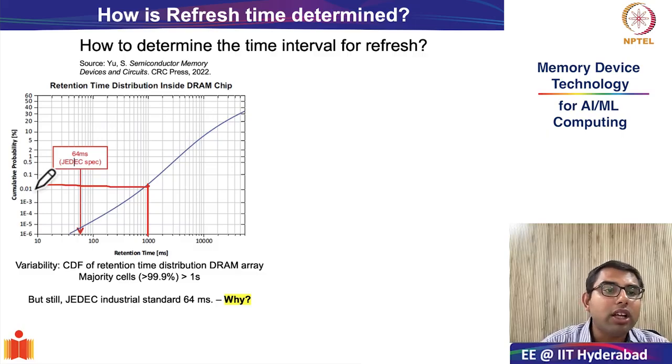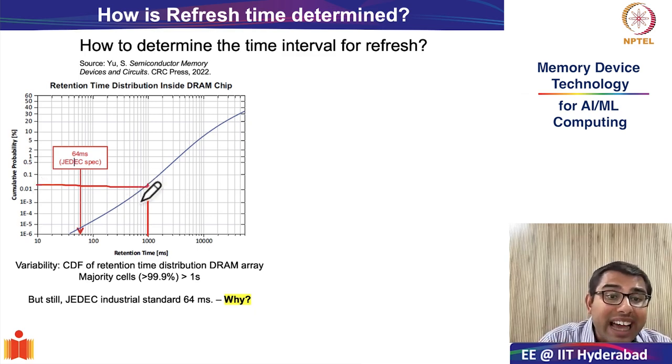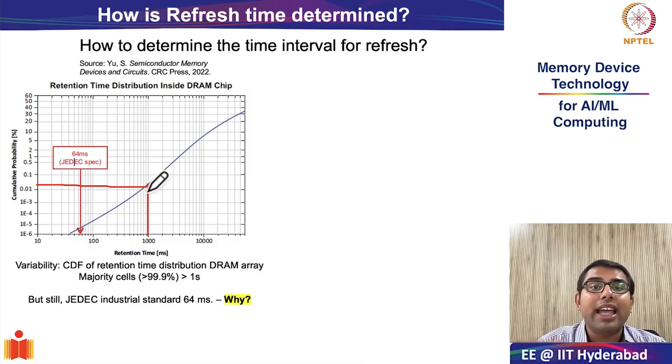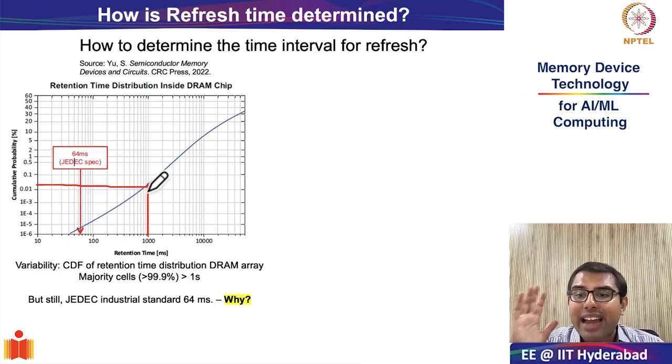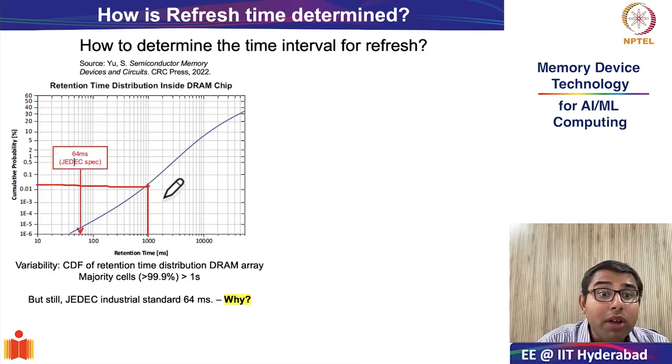So the cumulative percentage is 0.01. That simply means that only 0.01 percent of the entire cells have a retention time less than 1 second. So mostly all the cells in the DRAM array, which is 100 minus 0.01, which is 99.99% of your DRAM cells, have a retention time greater than 1000 milliseconds or 1 second.